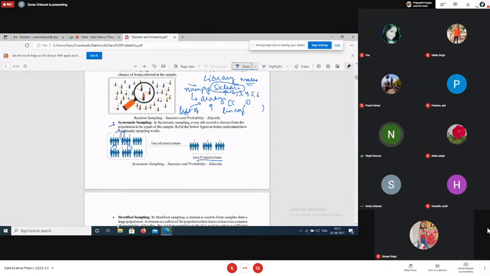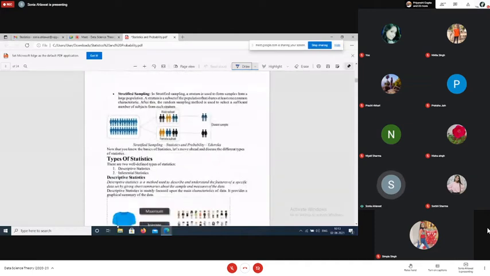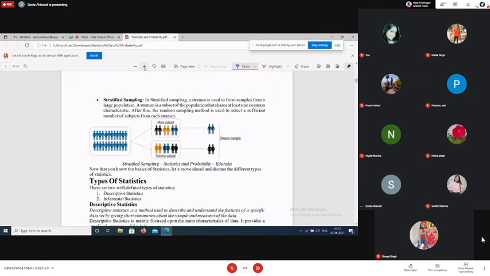Yes, ma'am. What about the stratified? Now, just read it and let me know what we mean by stratified. Let me increase the size. Is it okay now? Readable है? Yes, ma'am.